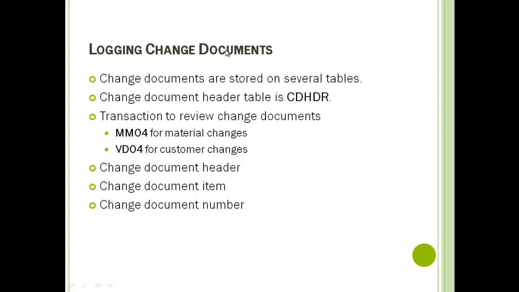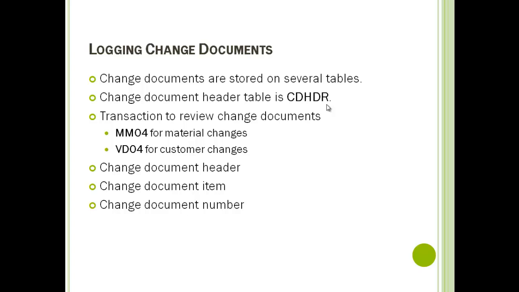These change logs are saved in several tables. There is a header table called CDHDR. All the changes which occur in the SAP system, the header information, are saved in this specific table. As I said, the related information will be saved in their own specific change log tables in that respective application area.